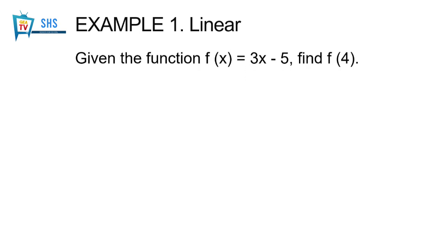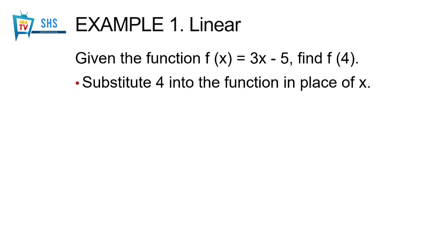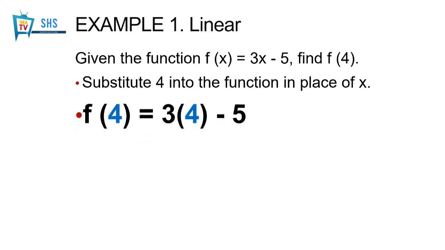For example number 1, we have a linear function. Given the function f of x equals 3x minus 5, find f of 4. So we have to substitute 4 into the function in place of x. So we have f of 4 equals 3 times 4 minus 5.